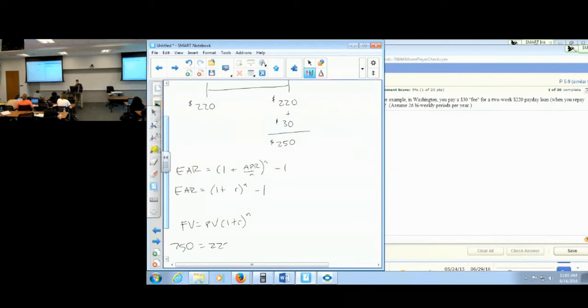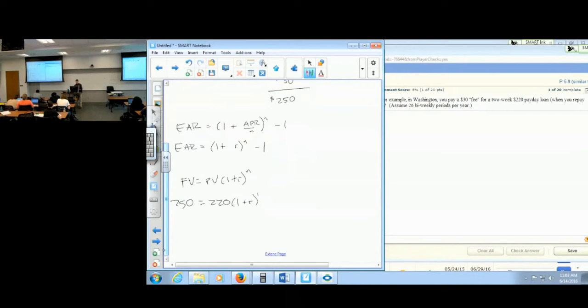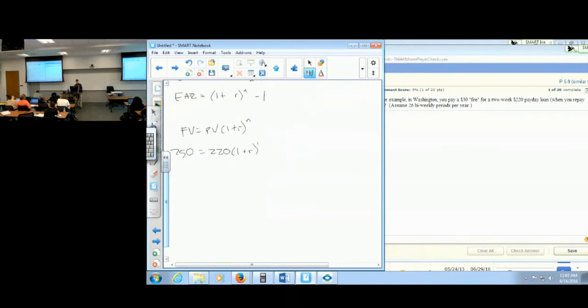The present value is 220 times 1 plus r. Here I'm only considering 1 period, right? The payment's only happening over 1 2-week period. So when I go to solve for r, I end up with 250 over 220 minus 1 equals r.